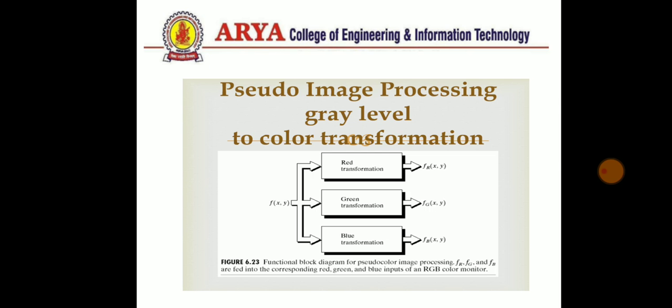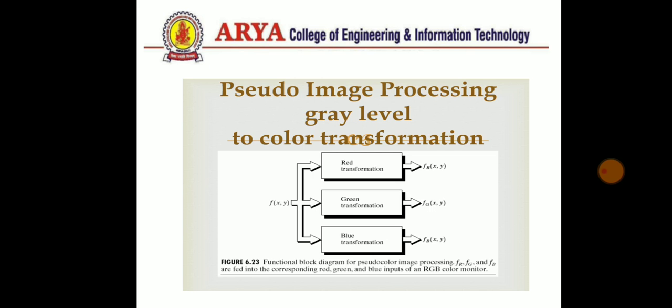So basically in these 3 transformations, the black and white image goes through all 3 transformations to convert the black and white to red, green, and blue. In the last step, the output of the red transformation is denoted as fr x comma y, because after this transformation the pixels will have the color red.